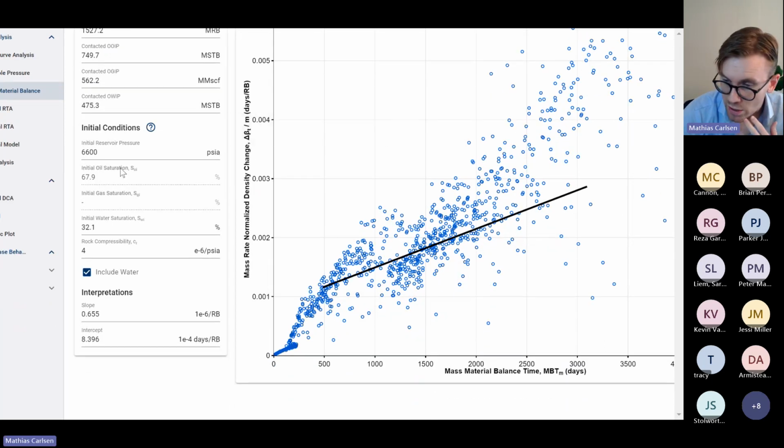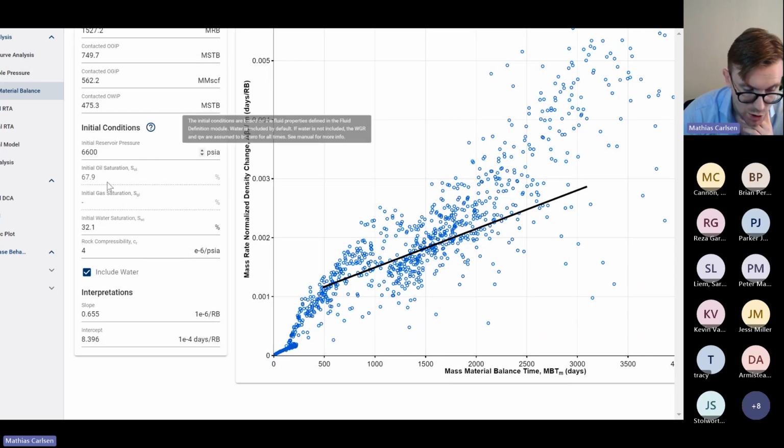Here, these are the initial conditions. That's typically stuff you have introduced in your PVT part in step number 1. We're going to assume that that's correct in this case. Water saturation is an input, and rock compressibility is an input to this exercise. There's a toggle here to include or not include water.